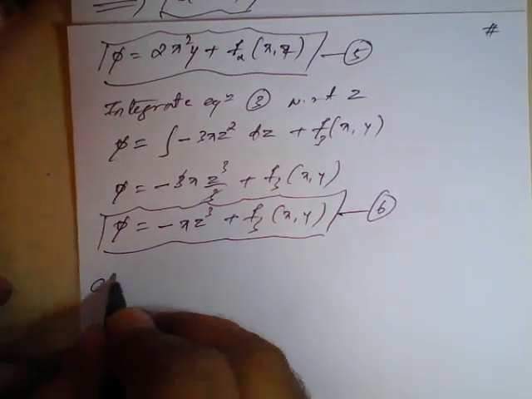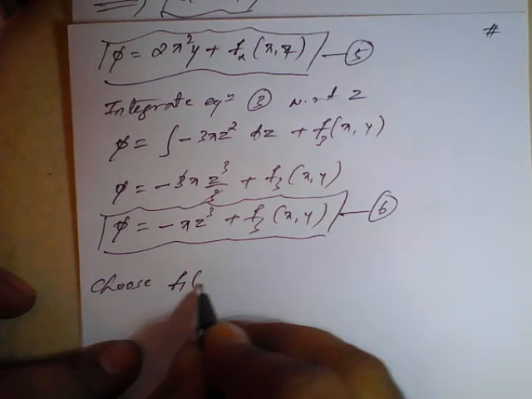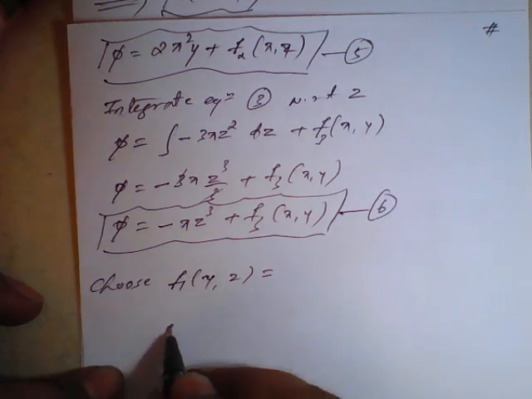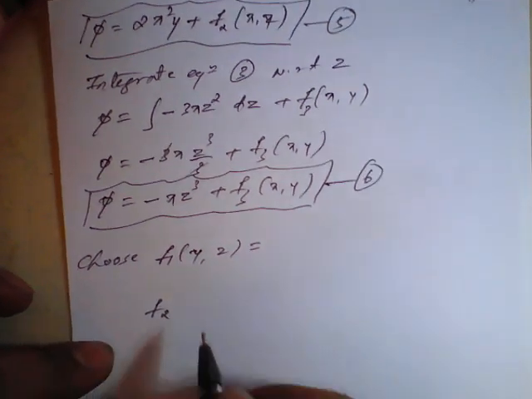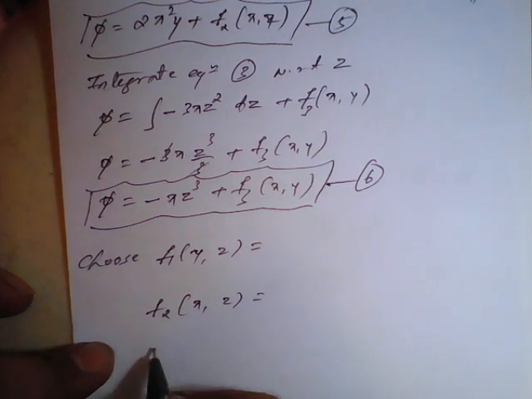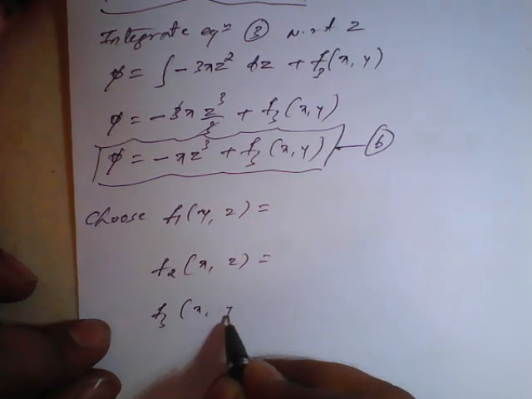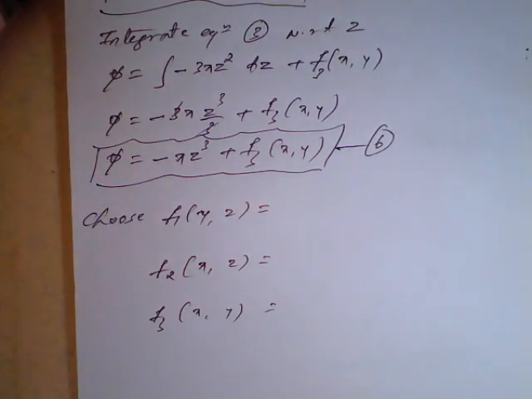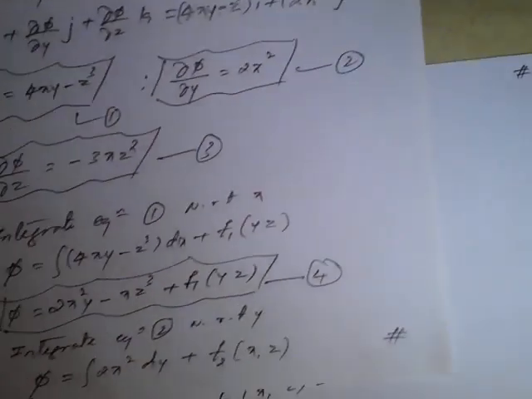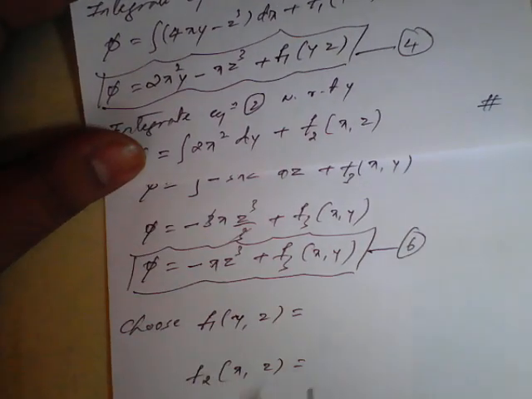So choose f1 of yz, then we'll choose f2 of xz, then we'll choose f3 of xy. So choosing f1 of yz, we have to observe equation 4, where f1 of yz is there.